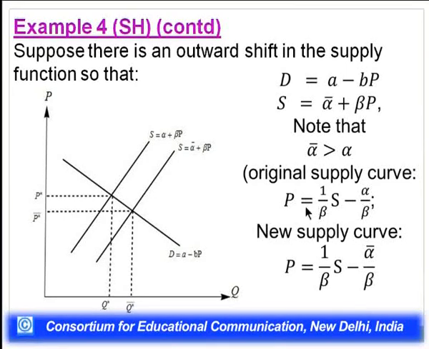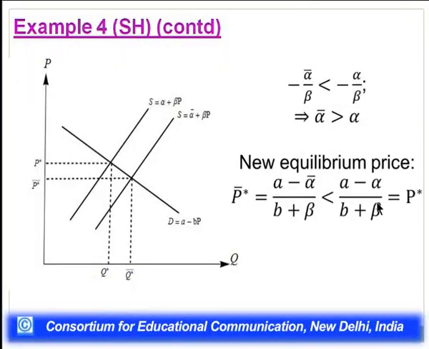So if I write my supply curve with P on the left-hand side, my original supply curve becomes P is equal to 1 by beta times S minus alpha by beta, whereas the new supply curve is P is equal to 1 by beta times S minus alpha bar by beta. Now, because our new intercept is lower than the old intercept, we have that minus alpha bar by beta has to be less than minus alpha by beta, and if I multiply both sides of the inequality by minus 1, I get alpha bar is greater than alpha.